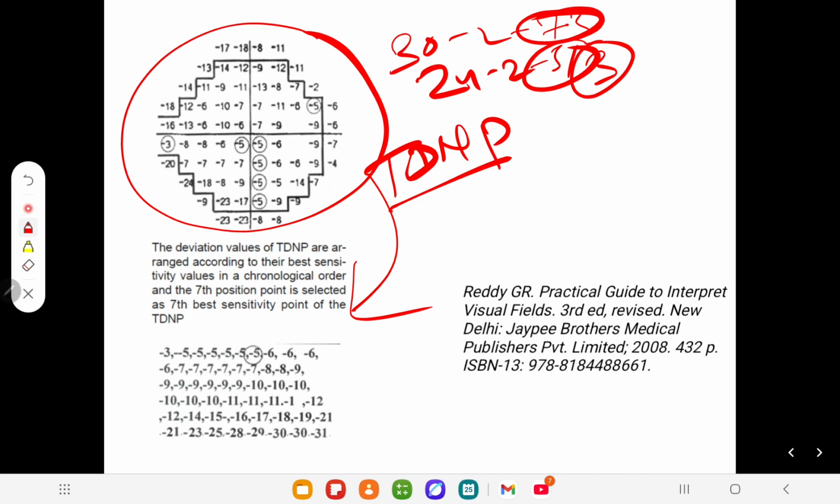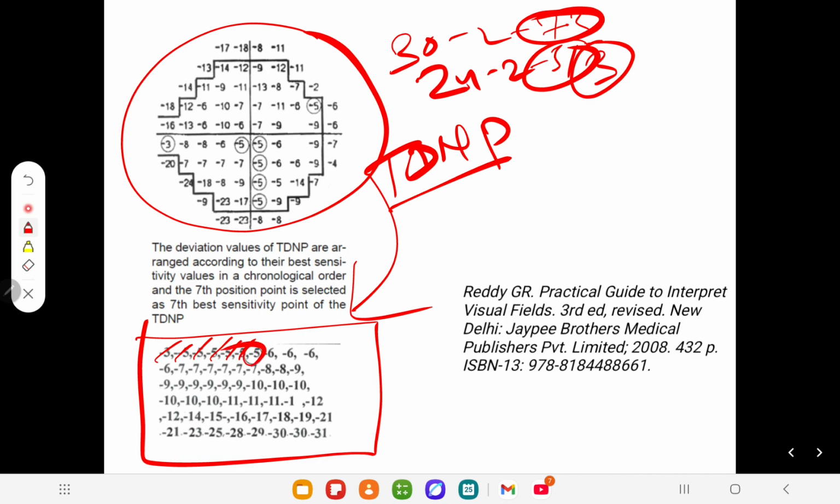So from the smaller minus to the larger minus, we arrange in this fashion, and then we take first, second, third, fourth, fifth, sixth, seventh position. Seventh position is -5. Then we want that seventh position to be 0. So to make that 0, we add +5, isn't it?